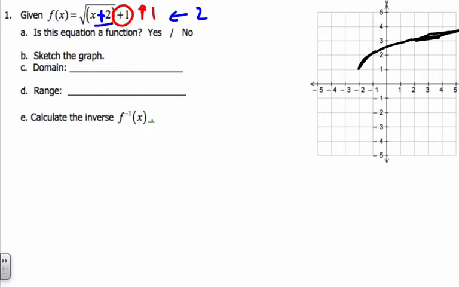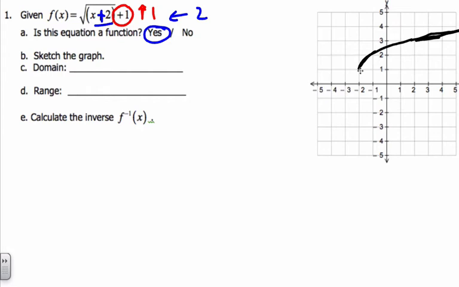If I look at that function and use my vertical line test, does any vertical line touch the graph only one time? And the answer is yes. So is it a function? You betcha. Yes, it is a function. Here's my sketch. For the domain, I think about all the x values.